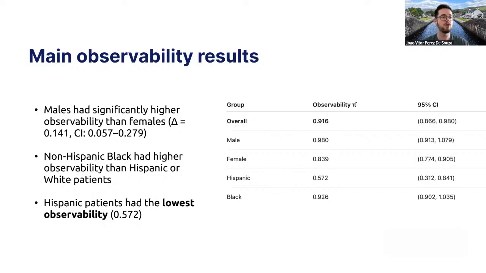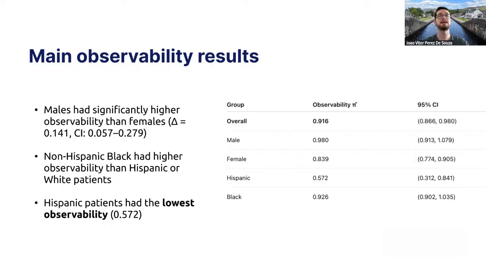Are all the races coming to our system? Is our system capturing the outcomes for everyone in an equal manner, or is our system somewhat biased? This is not about the number of patients that come to Duke or the proportion of white, Black, or Hispanic patients that come to Duke. No, this is about capturing their outcomes in the EHR. So are they coming back? Are we collecting this information?